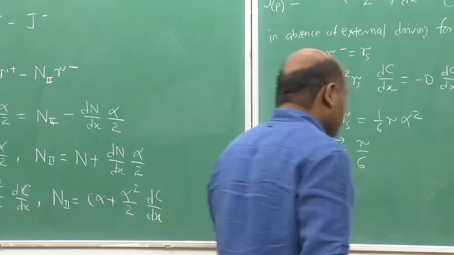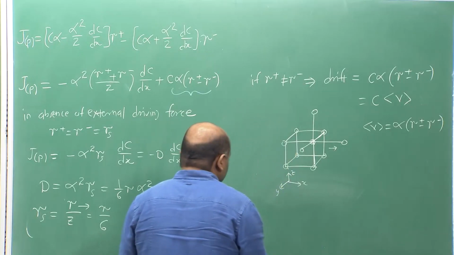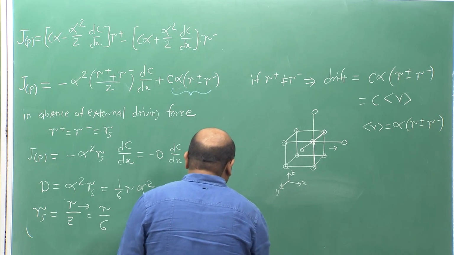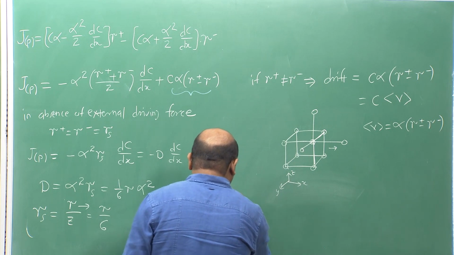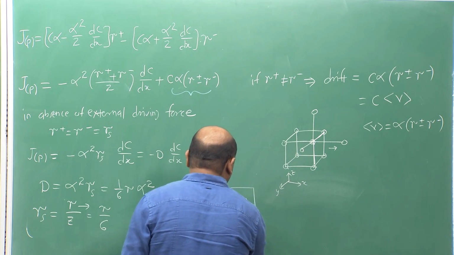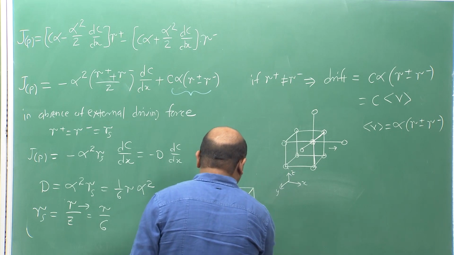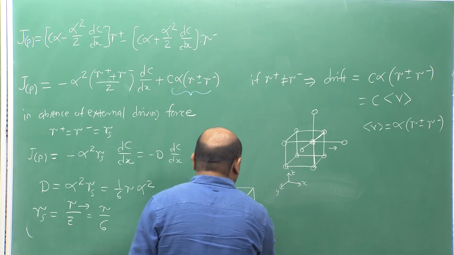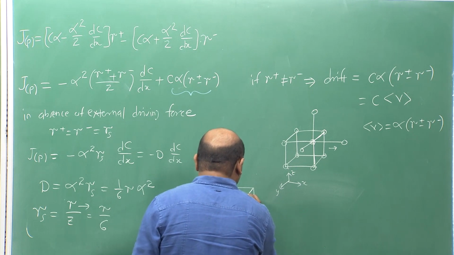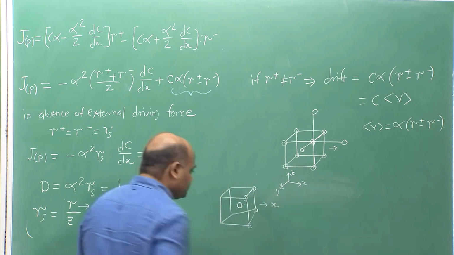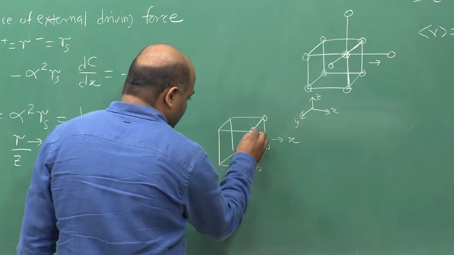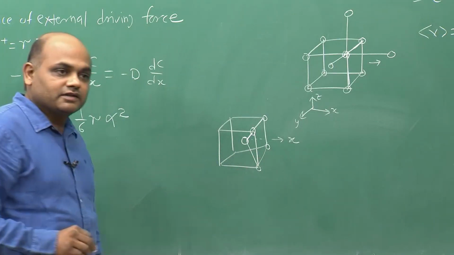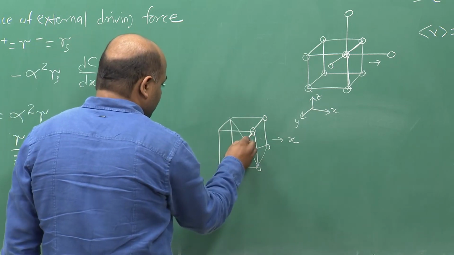So, for example, if I consider a BCC lattice, and this is the body center atom, and this is my x direction, then this atom can jump onto one of the 8 corner atoms.